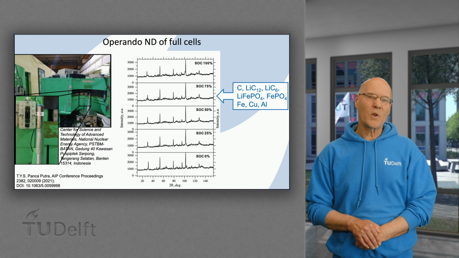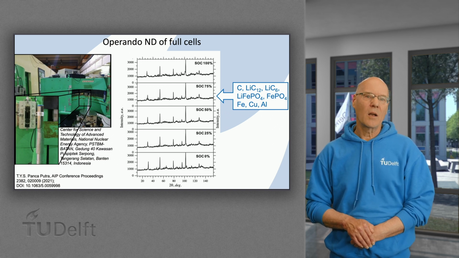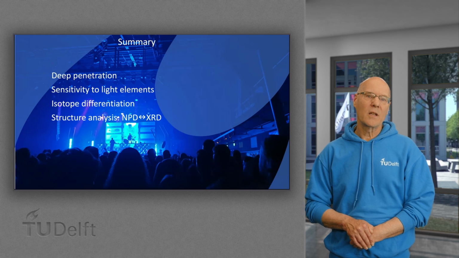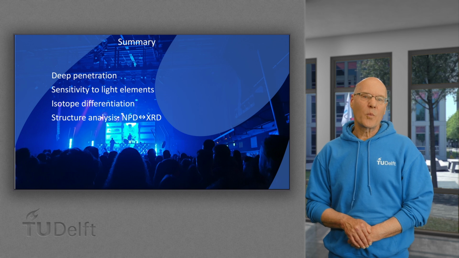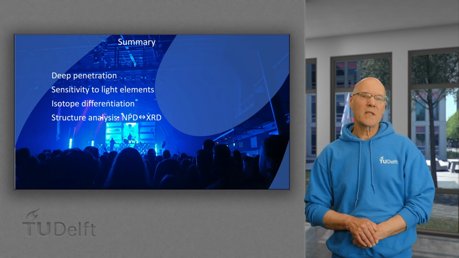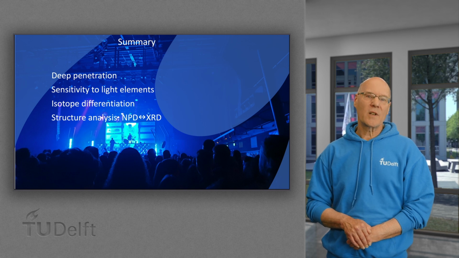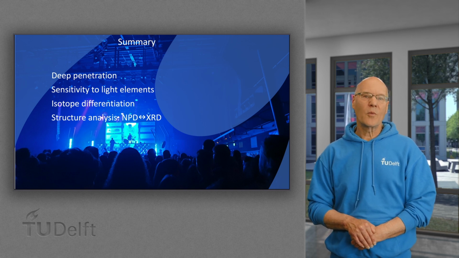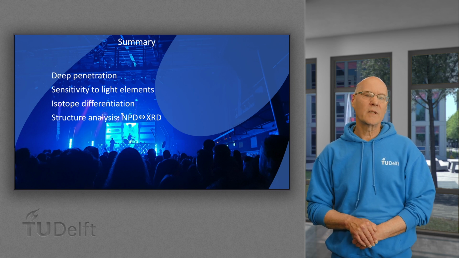Neutrons can distinguish between different isotopes of the same element, such as hydrogen and deuterium. For instance, this allows us to play with the contrast by replacing water with D2O. It is particularly interesting to combine the neutron powder diffraction results with X-ray diffraction data for structure analysis.